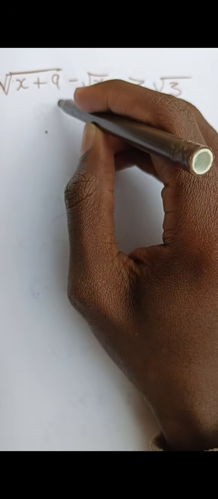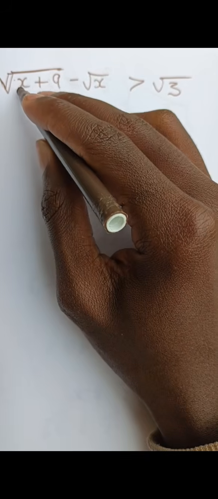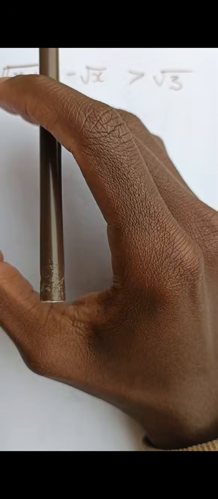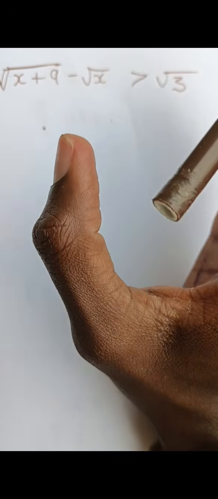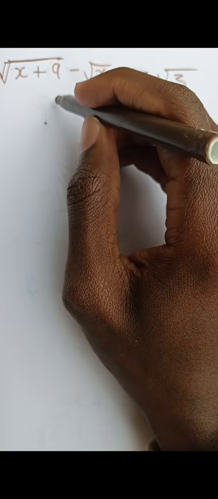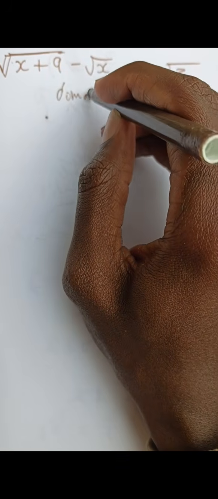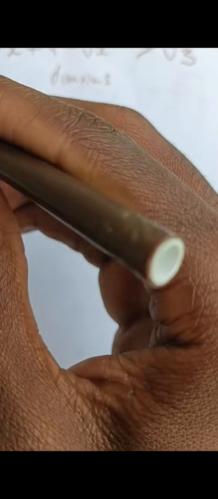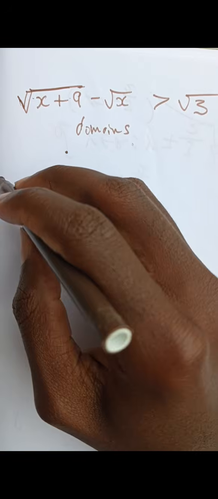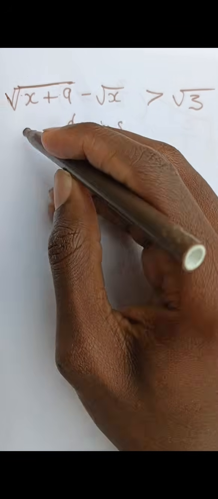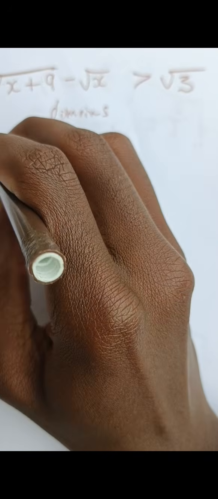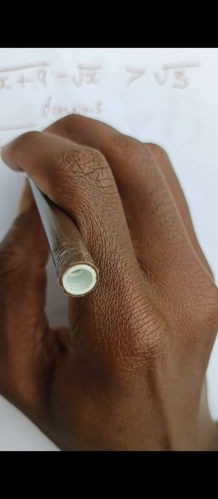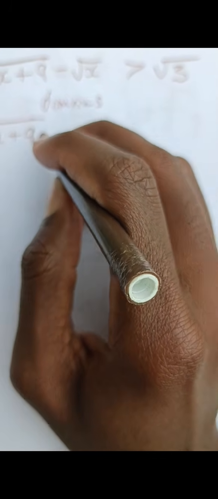So the first step, for those values which have x under a square root, is to find the domain. This is part of solving and it carries marks as well.